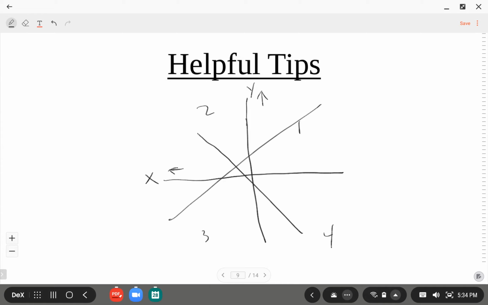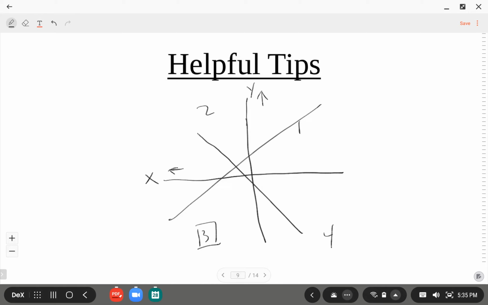So let's look at quadrant 1. We have a positive y-axis and a positive x-axis. Then we have positive over positive, which makes a positive slope, okay? And in quadrant 3, you have negative over negative, which cancels out the negatives and turns into a positive, okay?